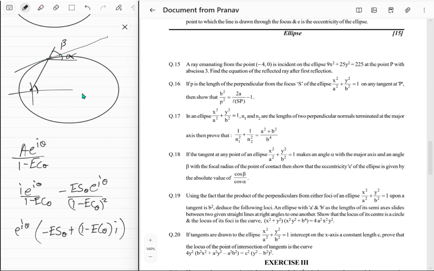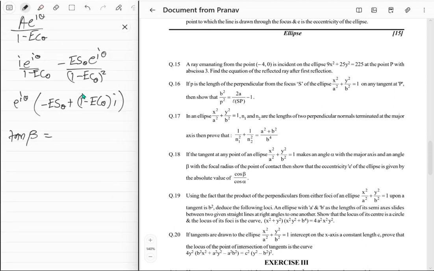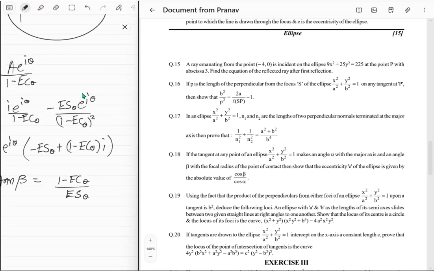So that's going to be beta. So tan beta is equal to minus e cosine theta upon... negative, but it doesn't matter, just look for the magnitude. And we know that theta must just be alpha plus beta.